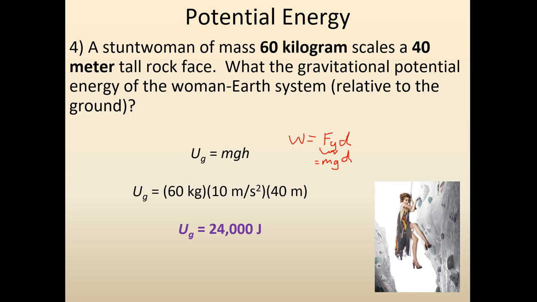That's a very specific equation, being near the surface of the Earth. We do know that there is a more general equation for the force of gravity, and that is G m1 m2 over r squared times d. So if I take this and plug this into my force of gravity, I'm going to get a slightly different equation for the potential energy.